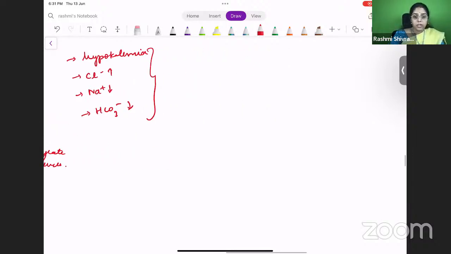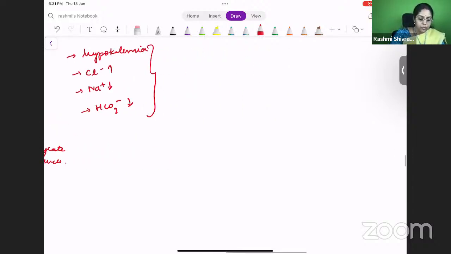One more thing that they will be asking you, which is a very common question, is how do you differentiate between hyperglycemic hyperosmolar coma and DKA? In hyperglycemic hyperosmolar coma, the ketones will be negative, and in DKA they will be positive.